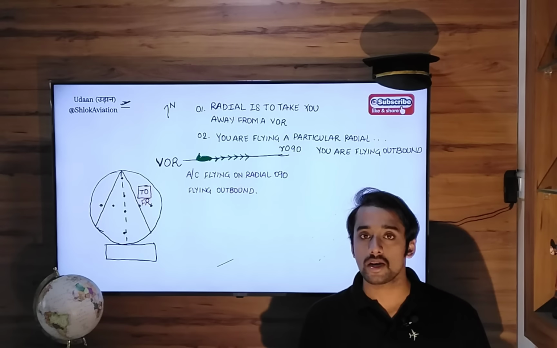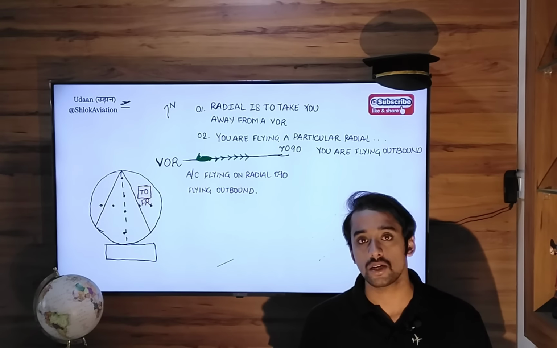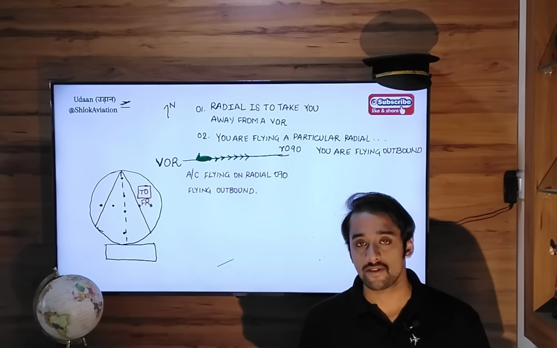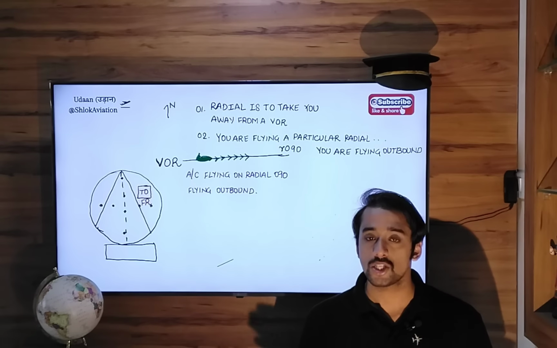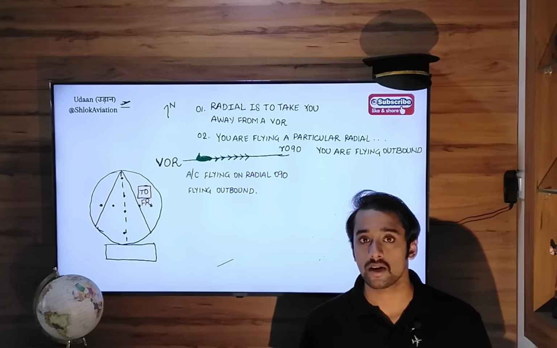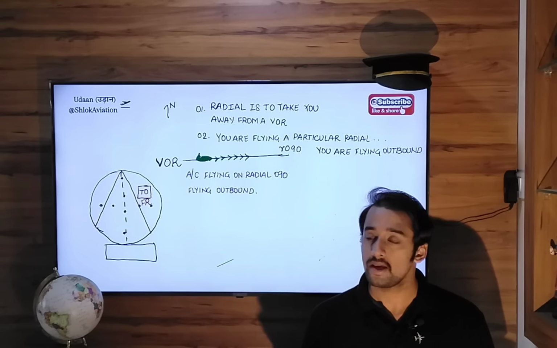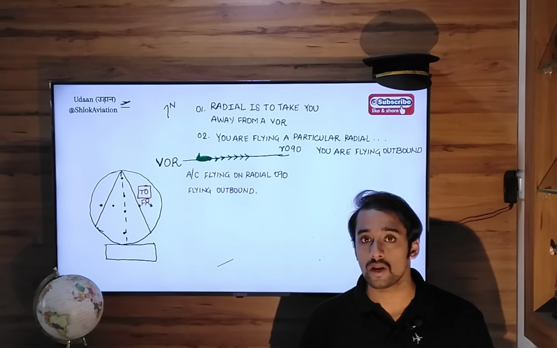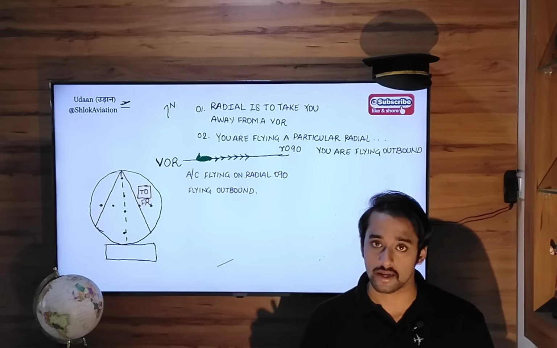Next very important point is that VORs are only concerned about your position. It is not at all related to your aircraft heading. Whatever your aircraft heading may be, the position of aircraft on that particular radial of VOR will be reflected on this OBS selector. So heading plays no role in case of VOR OBS selector.